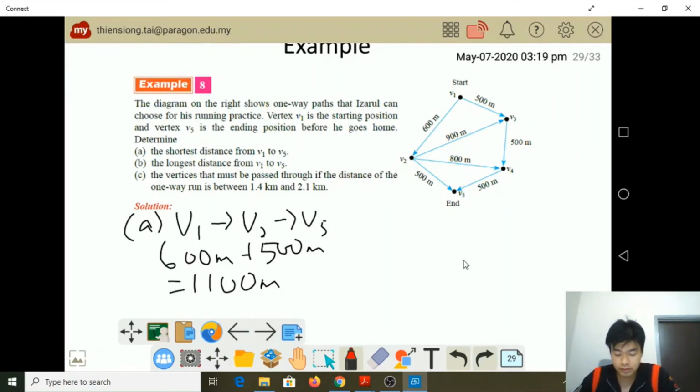Next, the longest distance from V1 to V5. By right, it should pass through as many vertices as possible. So from V1 to V2, V3, V4, and V5. This should cover the longest distance.